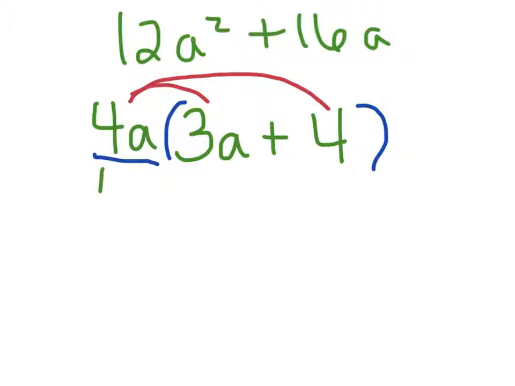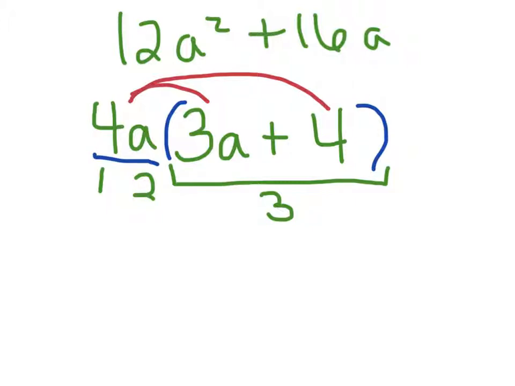The 4 is 1, the a is 2, and this whole binomial right here is the 3rd factor. So if you were asked to list the factors of 12a squared plus 16a, you would say 4, comma, a, comma, and 3a plus 4. 3a plus 4 is the last and final factor.